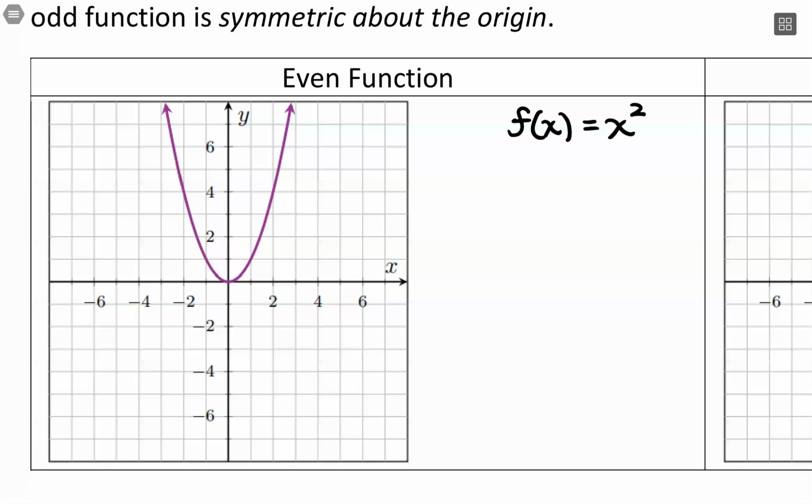Now, algebraically, what's being described is, if our function is x squared, and I look at plugging in negative x, that would look like parentheses negative x, and those parentheses are super important, and then my exponent of 2. This is true for any even power, which is where we're starting to see how even functions connect with that even exponent.